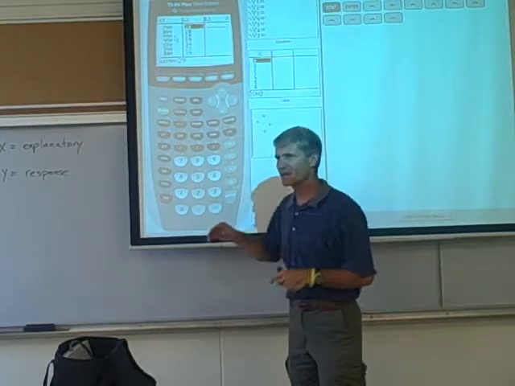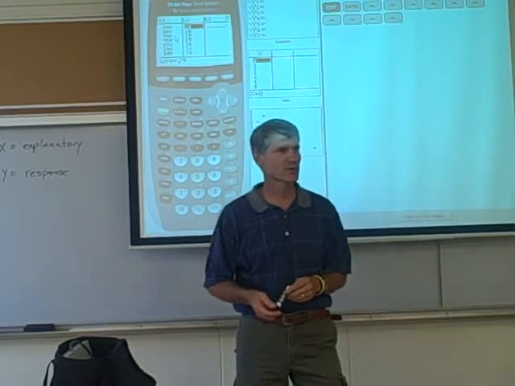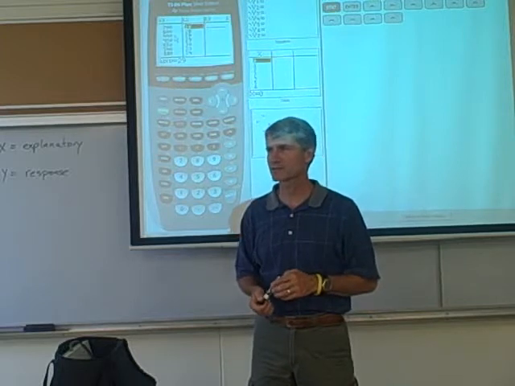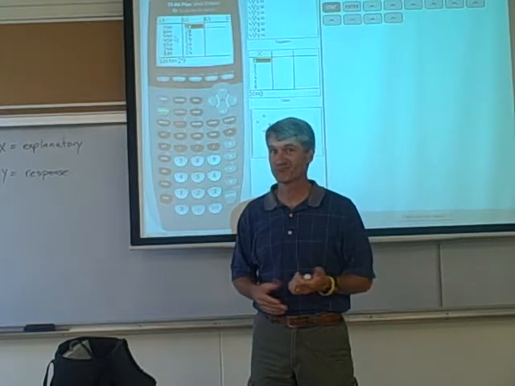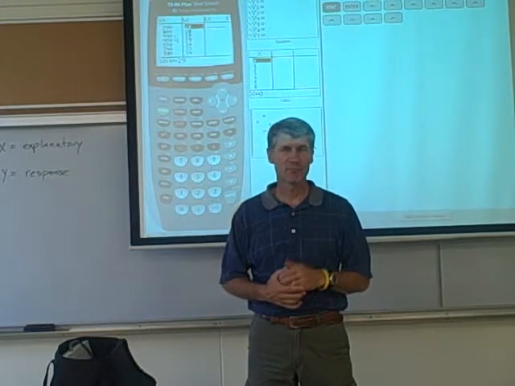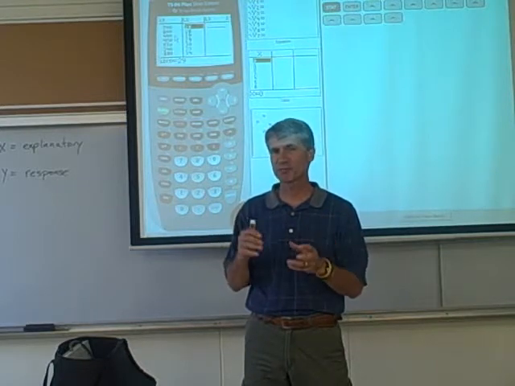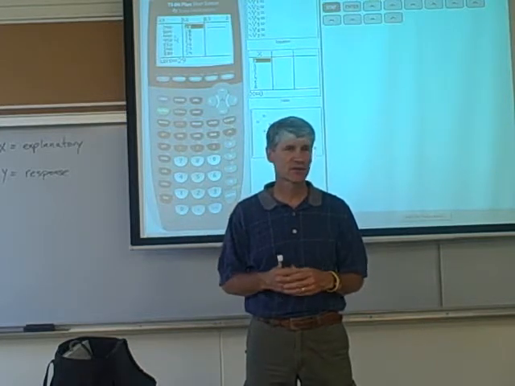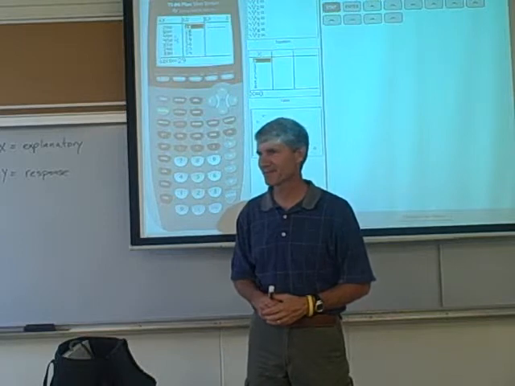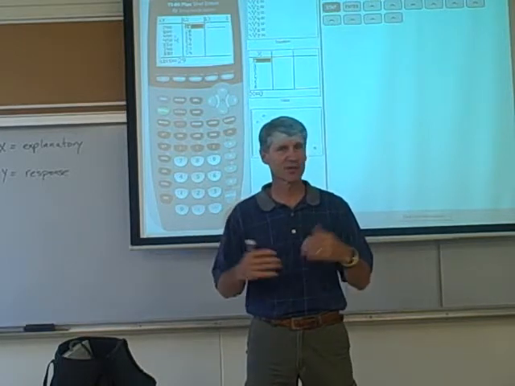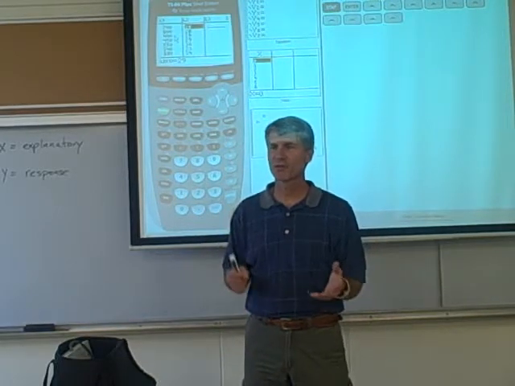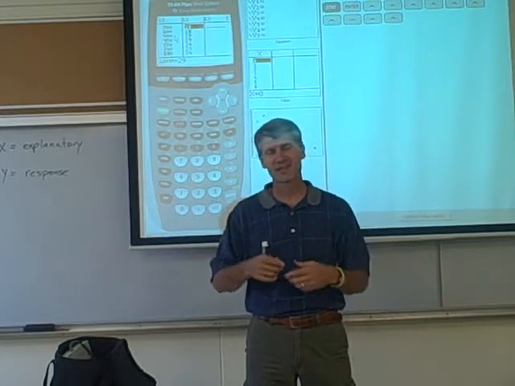But what about shoe size and height? Which one of those is explanatory and which one's response? Both of those variables respond to something else called growth, right? You get taller and your foot gets bigger all at the same time. So when there's not a clear-cut choice, then it doesn't really matter.